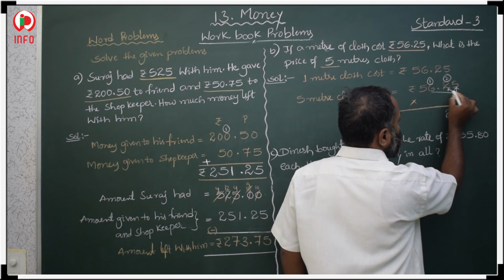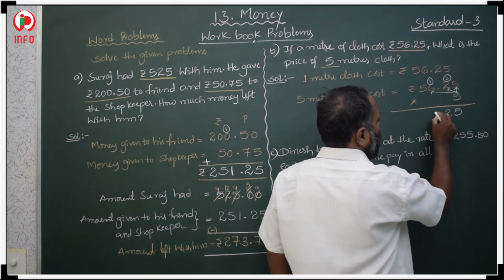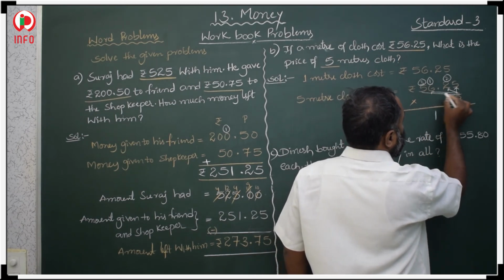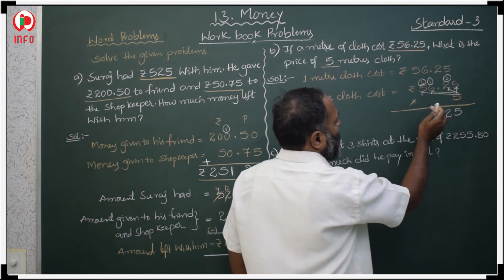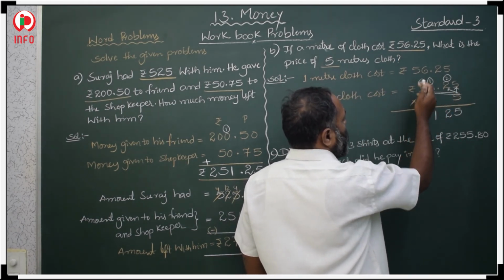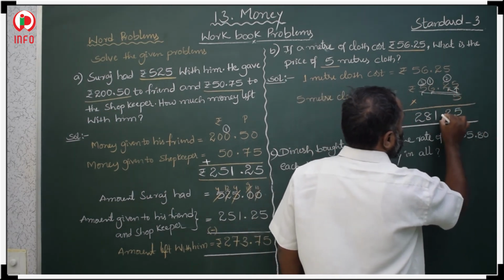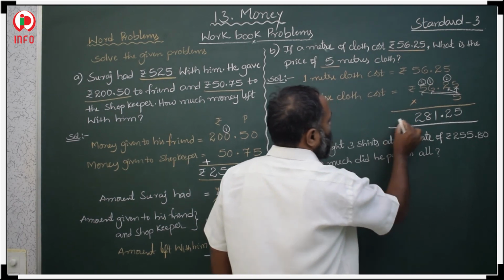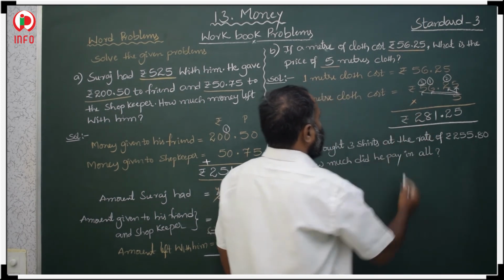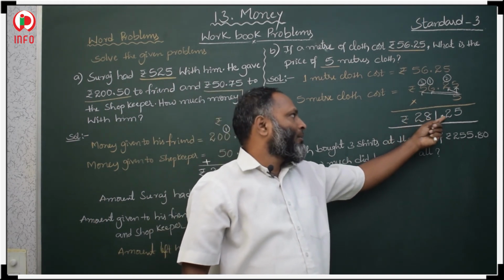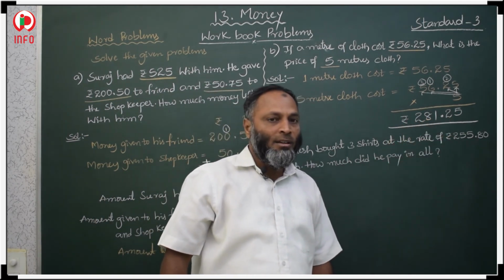Then 5 6s are 30, 30 plus 1, 31, 1 here and 3 here, next digit. 5 5s are 25, 26, 27, 28. After 2 digits we keep a decimal. So this is the rupees. So 5 meters of cloth cost 281 rupees 25 paisa.